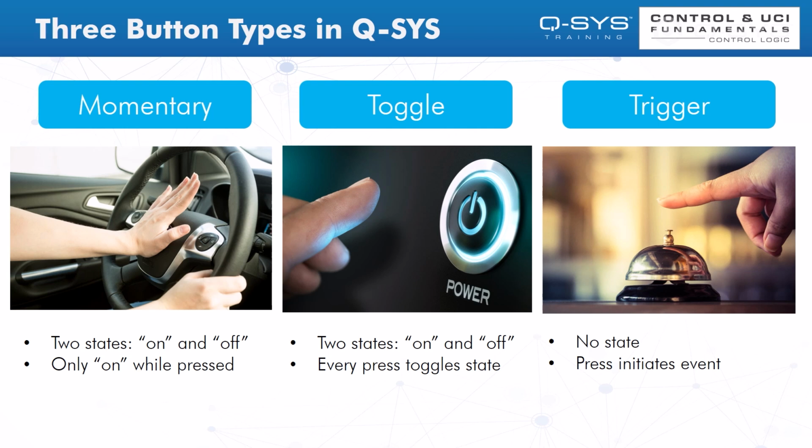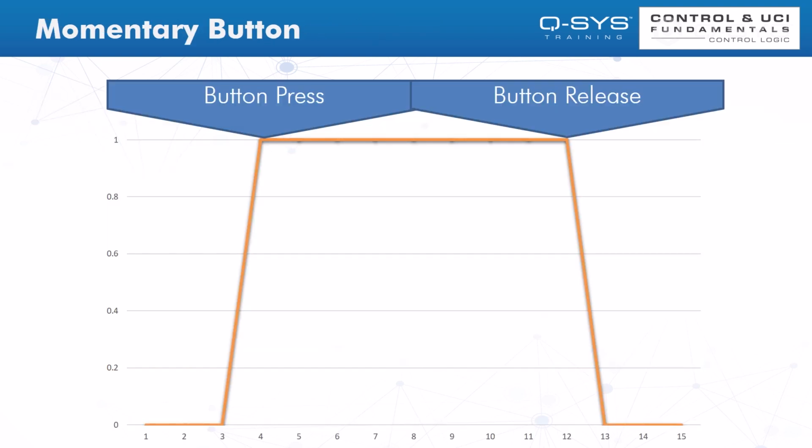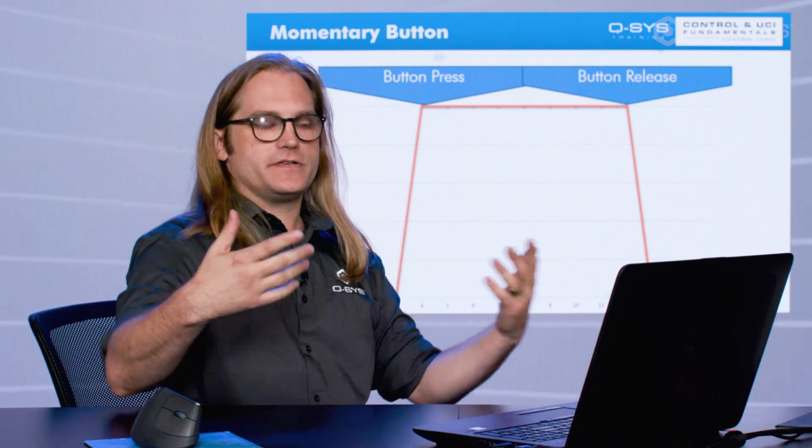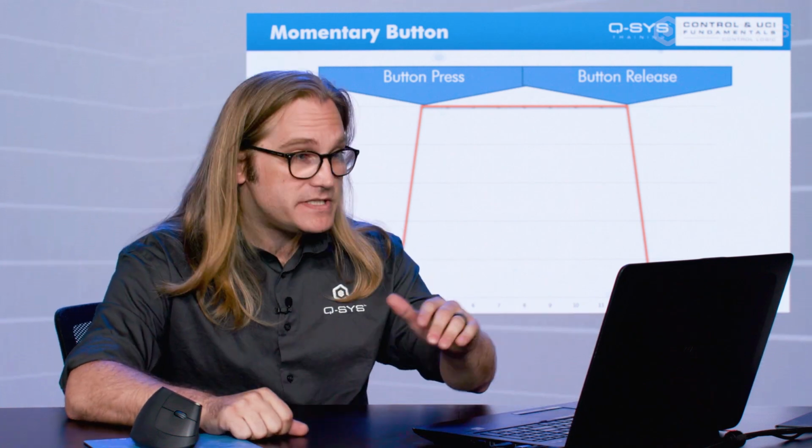Let's take a little bit of a closer look at what I was just talking about. Here we have a graph representing exactly what that momentary button is doing. When you press it, it jumps up to 1, it's true, it's on, it stays there until you release it, then it goes back to off, false, and that is the momentary button.